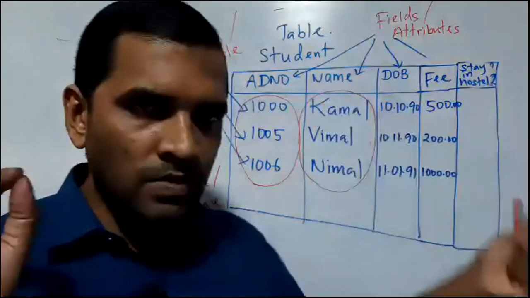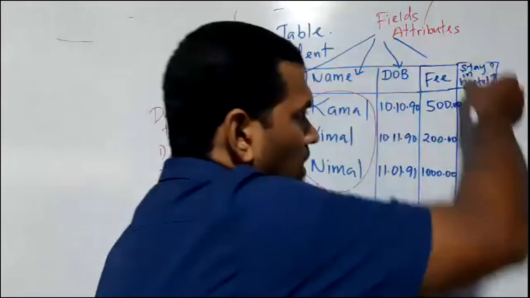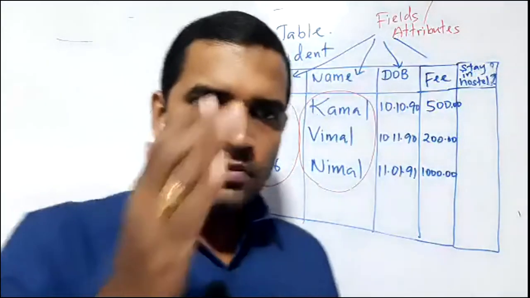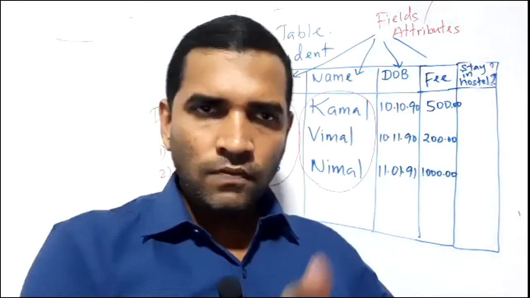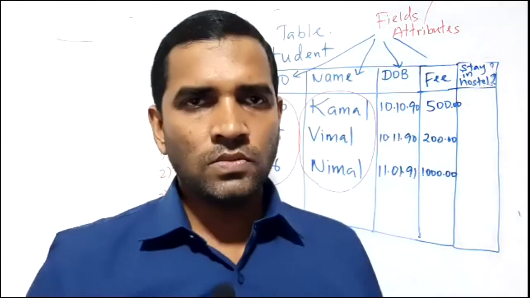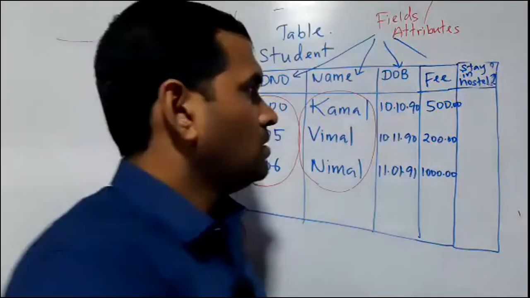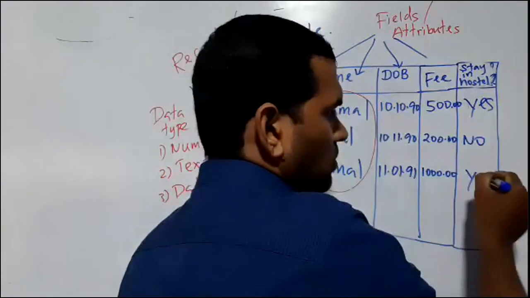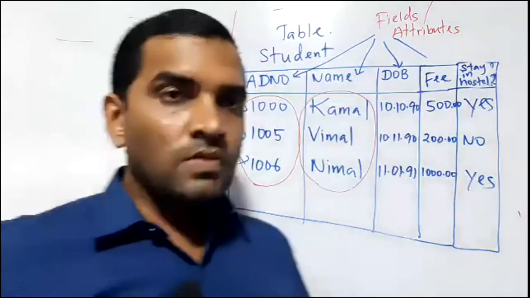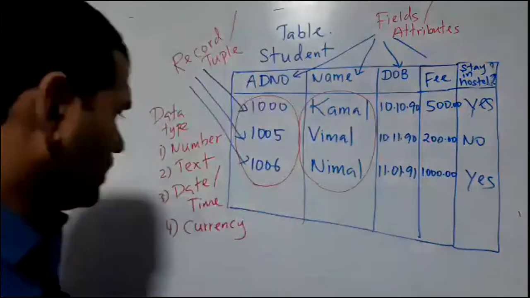If Kamal doesn't stay in the hostel, definitely it is no. So now this field definitely has yes or no. You cannot include any other data, because if a student stays, it is yes. If he doesn't, definitely no. Since this field has only yes or no, such data can be taken as Boolean, right? Boolean, that is our fifth type.